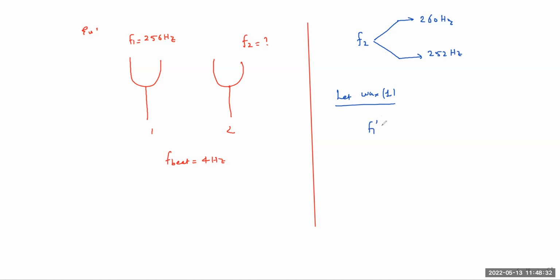Then F1 dash will be less than F1, right? If you wax the first tuning fork, its frequency will decrease, yes or no?